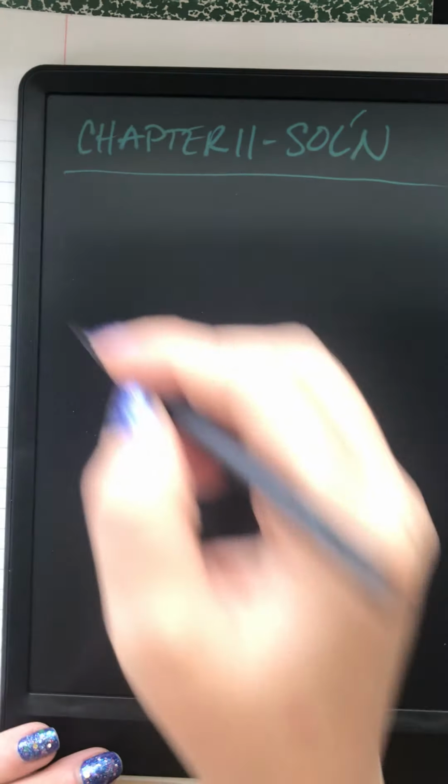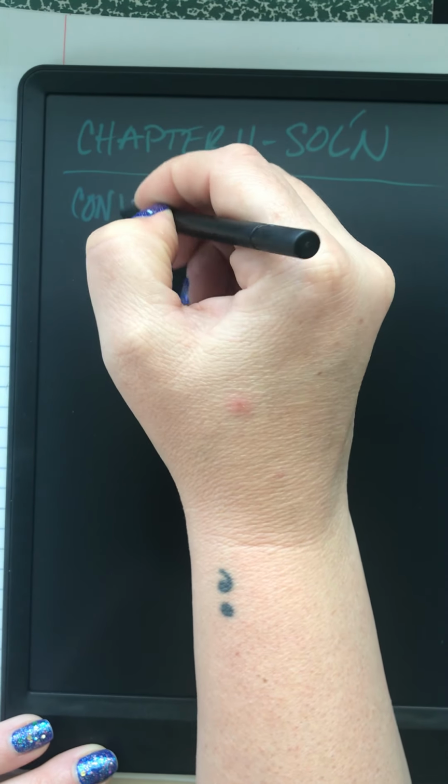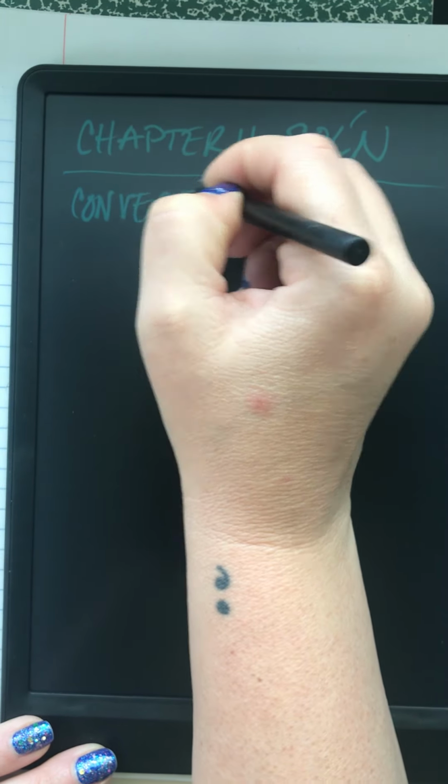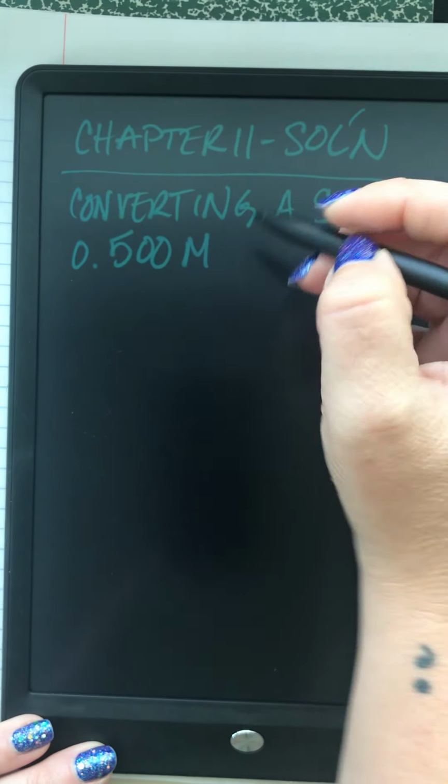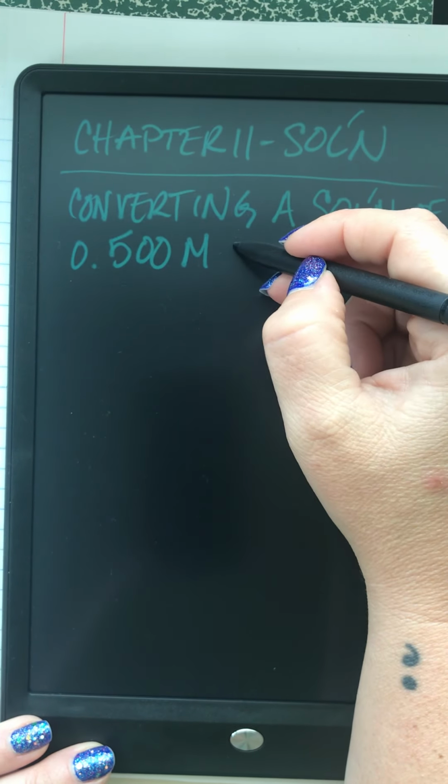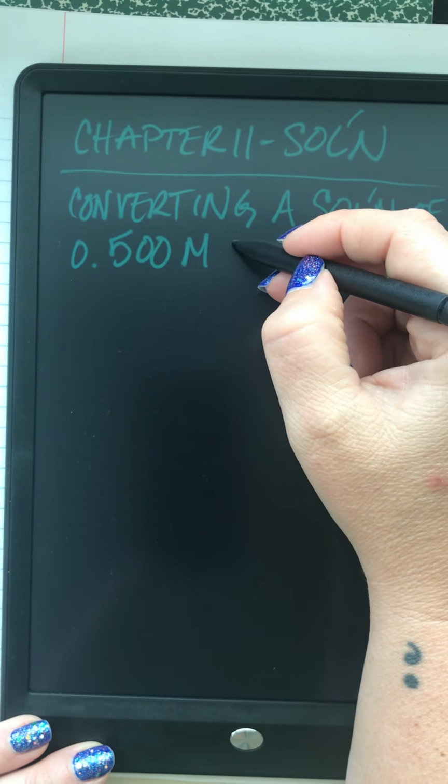I want to look at an example of a problem where we're converting a solution of molar HCl to percent by mass.